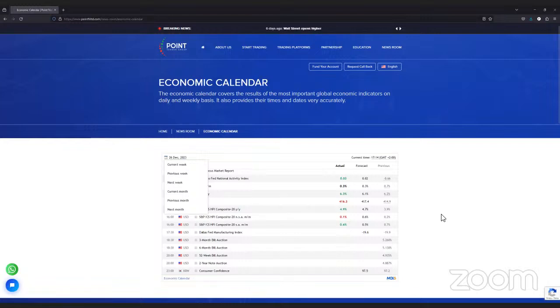So it provides the times and dates of the releases very accurately. This makes performing a fundamental market analysis of economic releases and events and their effect on currencies valuable when determining the direction of the market and the level of future exchange rates.